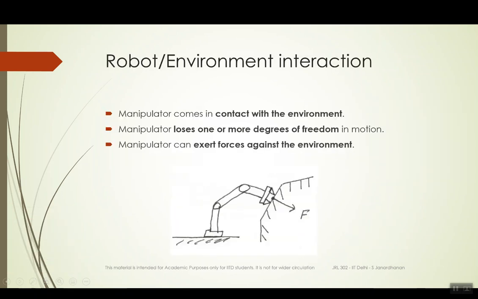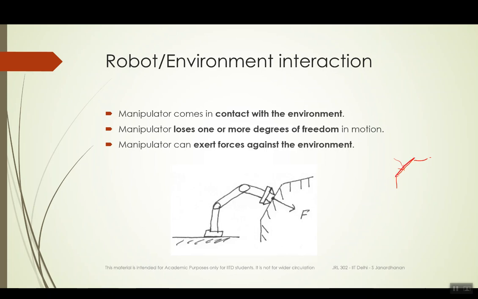Now, what happens when the manipulator comes in contact with the environment? There is a boundary which the manipulator cannot freely move across, a boundary that will give a resistance to the motion of the manipulator.